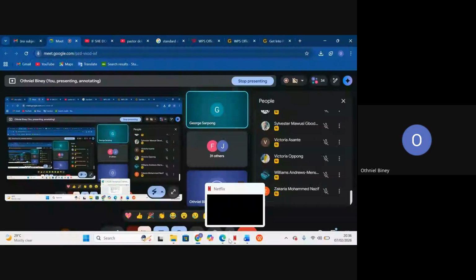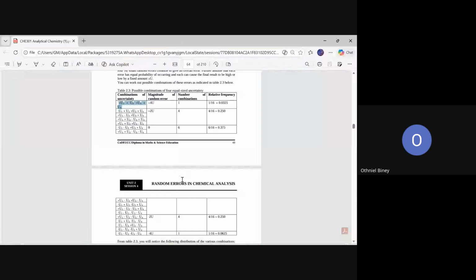Yes, that's what I'm trying to get you guys to understand. The combinations of uncertainty are based on what Auntie Anita read here, that we can get a plus or minus u. Do you guys get that fact? That's the first thing you should know.